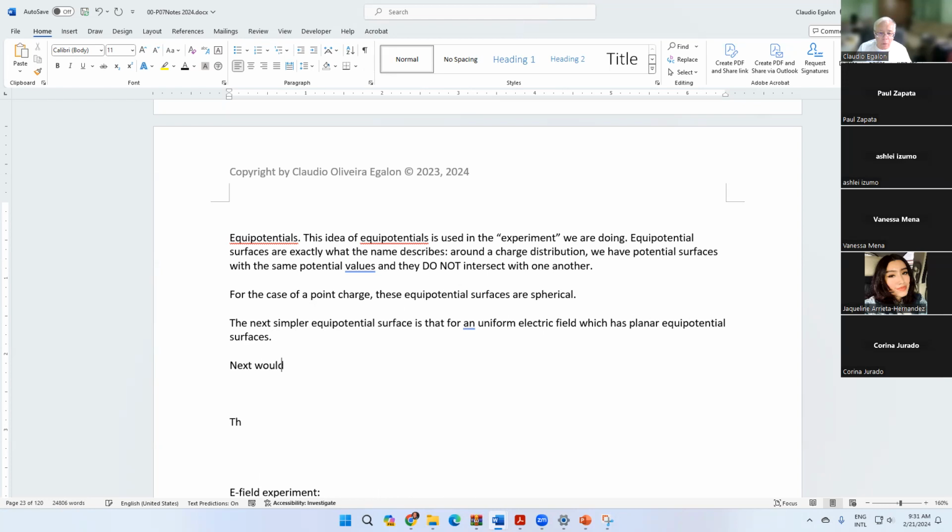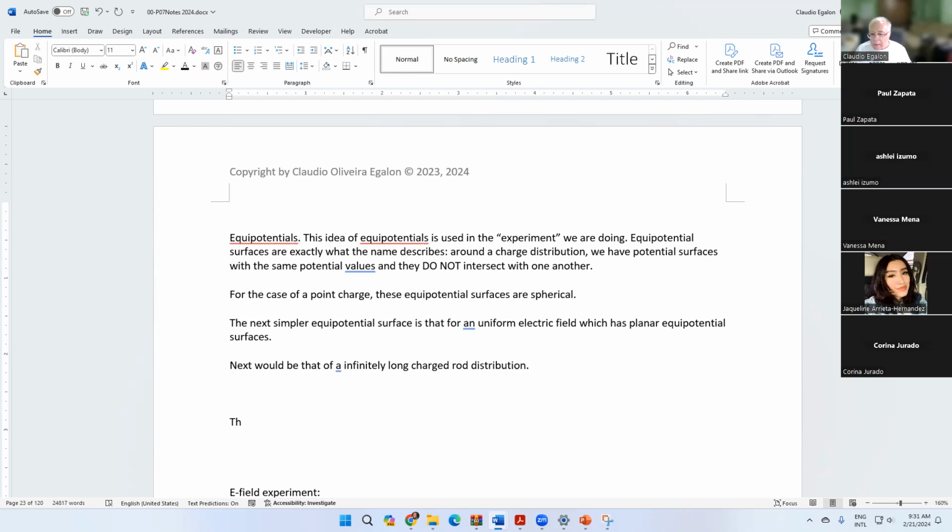Next would be that of a charged rod, an infinitely long charged rod distribution. Do you remember that? We did that as well, right?